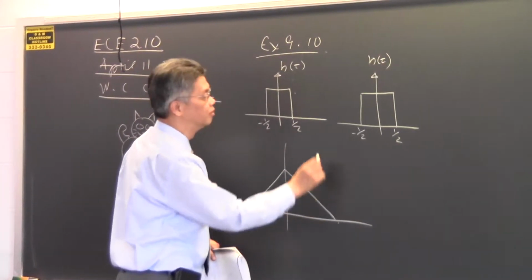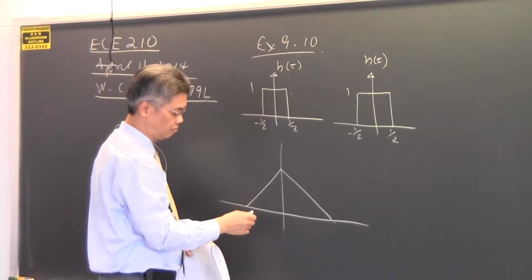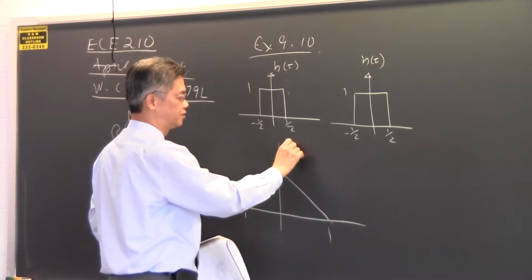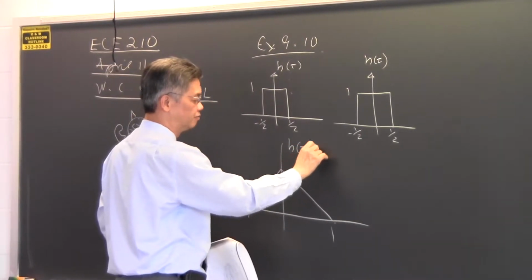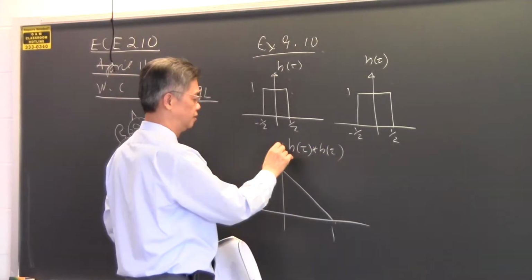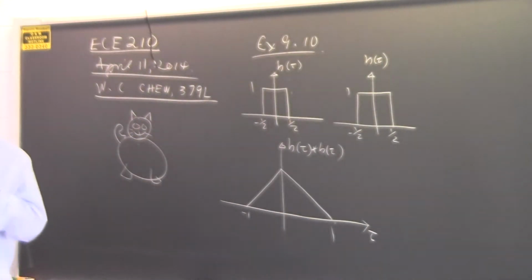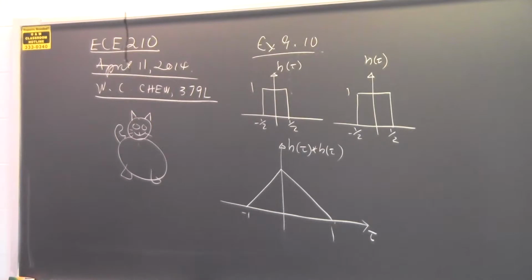That is what you should know. This is minus 1, 1. And this is h tau convolved with h tau. I don't need to work out this for you. You can do it in your mind. When you convolve them, you get that answer.